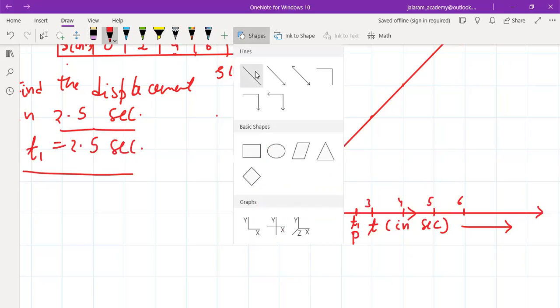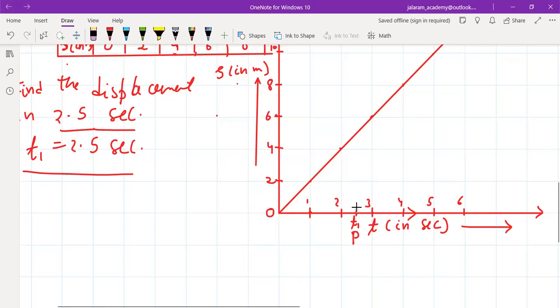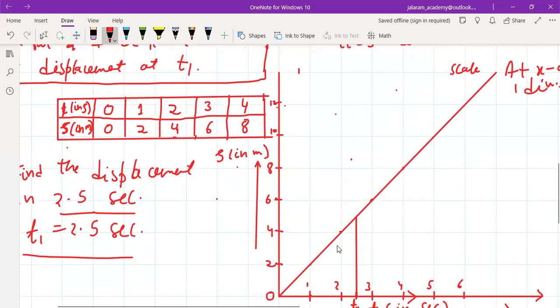Now draw a perpendicular on the time axis at the point showing the required time. It intersects the ST graph. This is the ST graph, showing both S and T. Now you must have understood the meaning of ST graph.